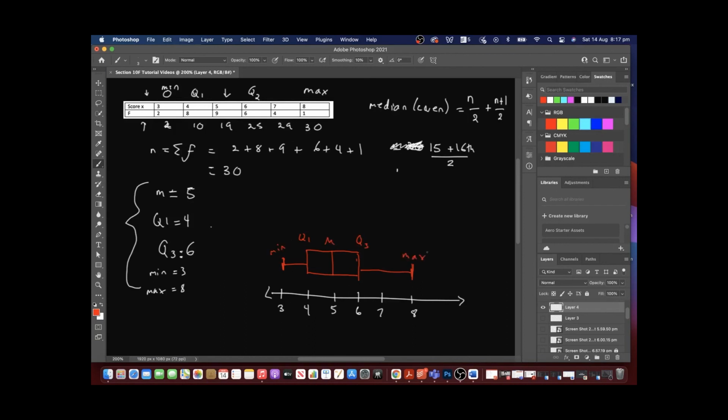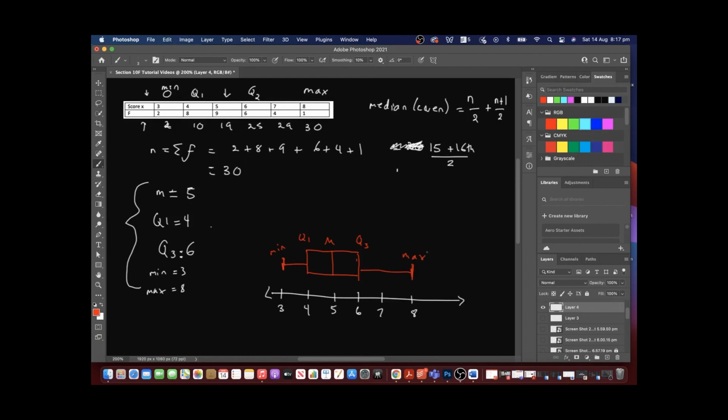So, some quick tips on how to do this. Very simply, it always helps to draw up some cumulative frequency alongside the table. It also helps to know the formulas for finding the median when it's even, and also when it's odd.